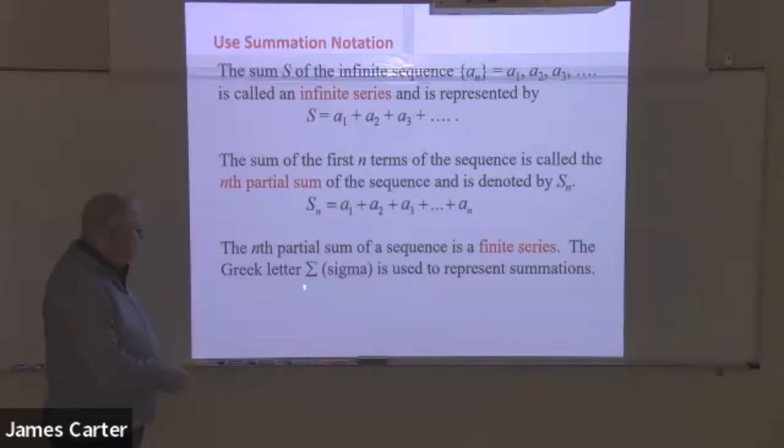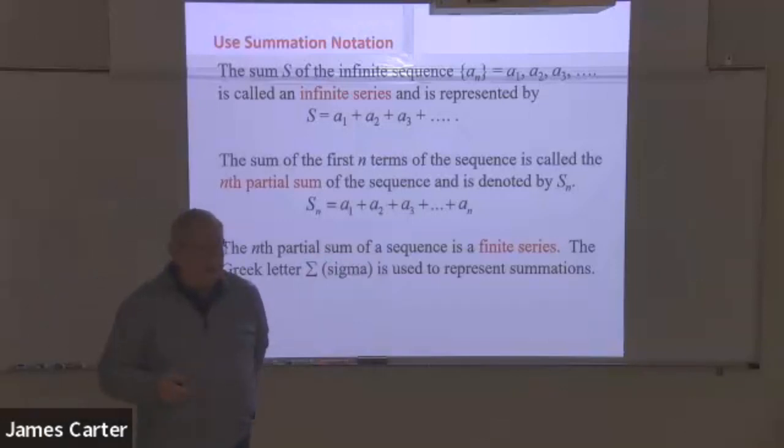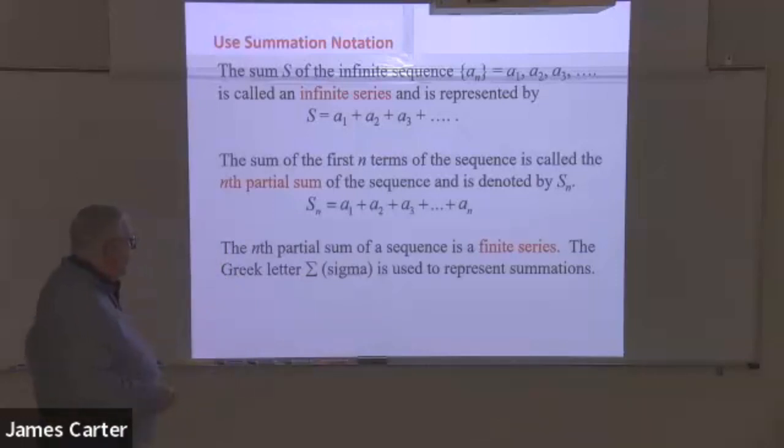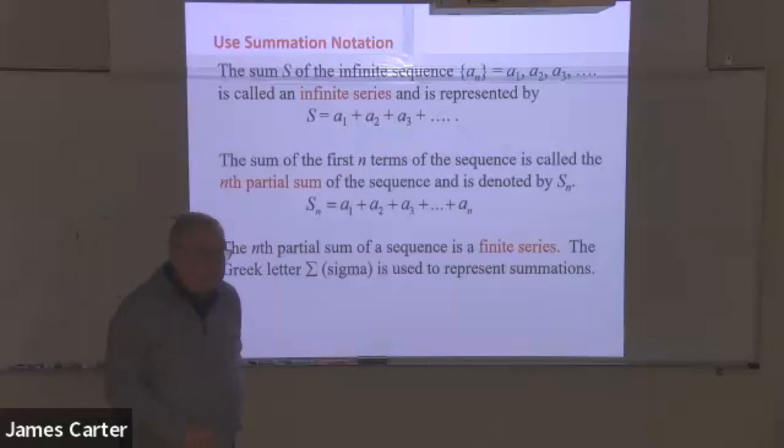We use the letter sigma, which in the Greek alphabet is our equivalent of capital S. We use that symbol to represent summations. You see this symbol, that means you've got to add the stuff together.